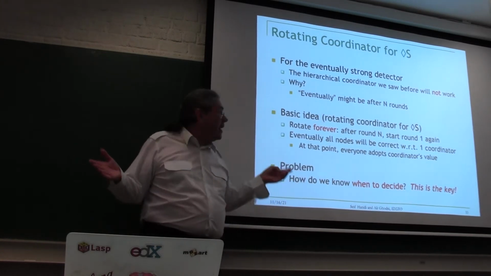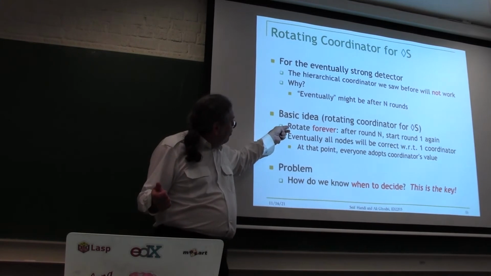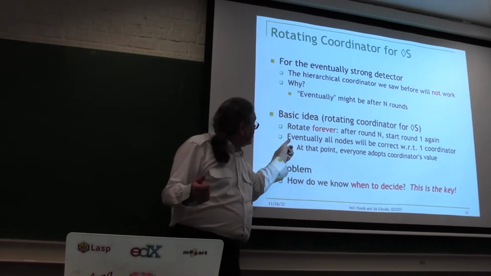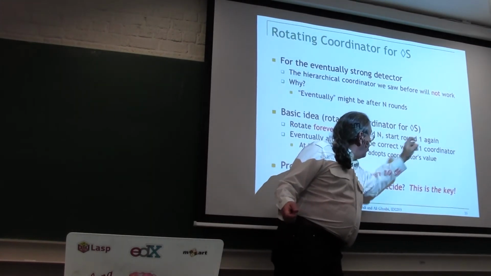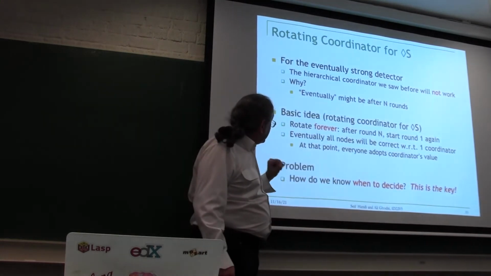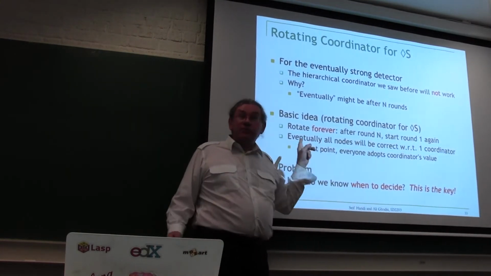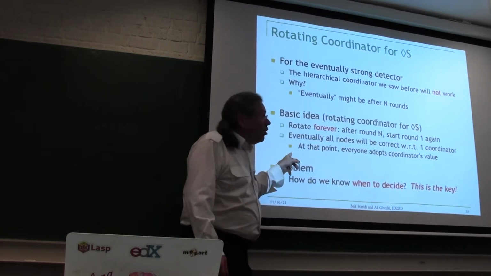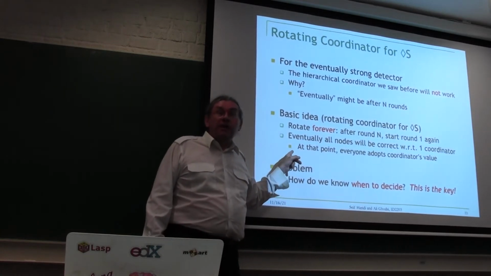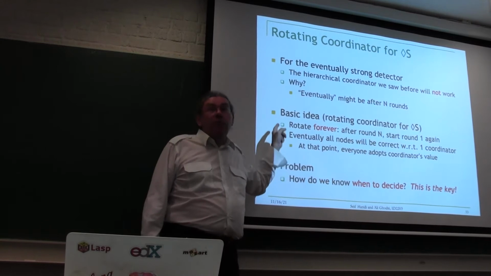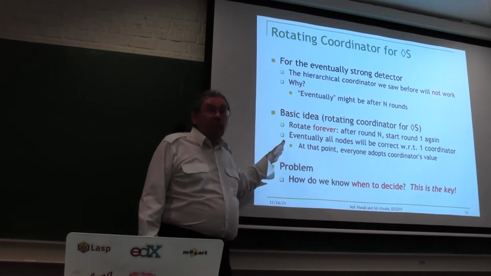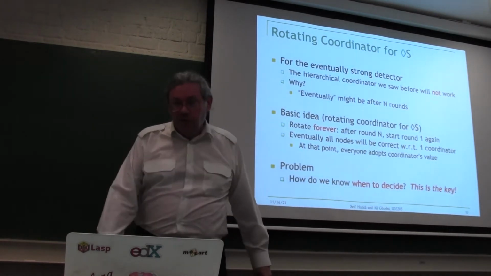You rotate forever. Eventually, you will hit one coordinator with no mistakes, and then you will have all the same value. And the point is, you don't know when it happens. That's simple, right? It's not complicated, actually. So I'm assuming everybody knows that.